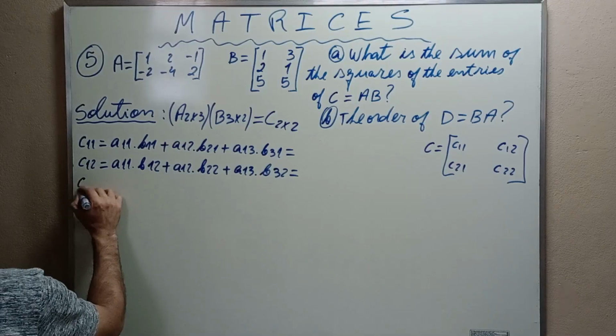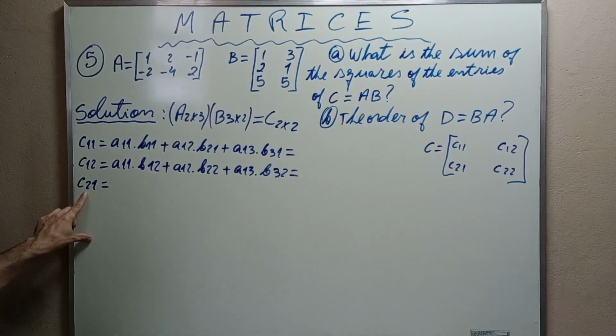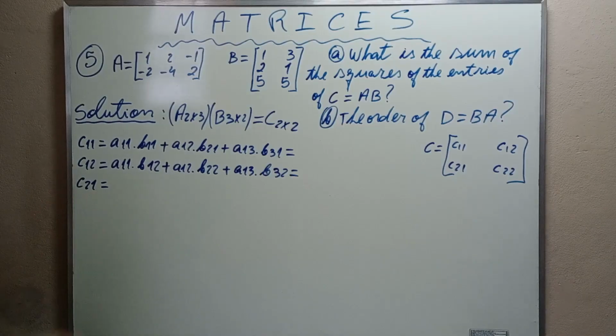C21 is going to be obtained from the multiplication of the entries of the second row of matrix A by the entries of the first column of matrix B, okay?